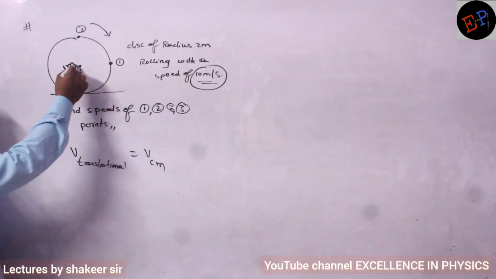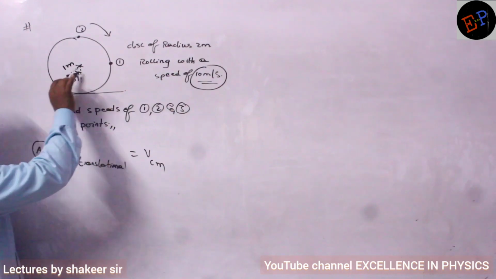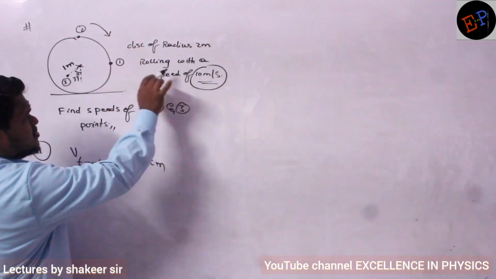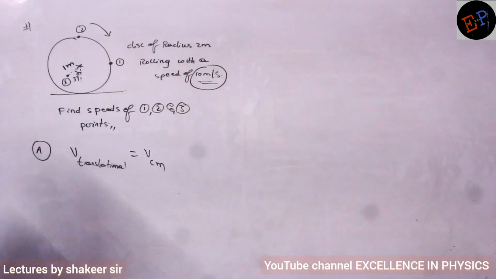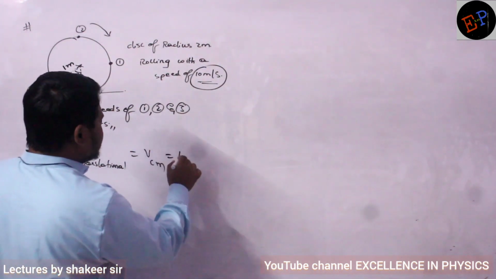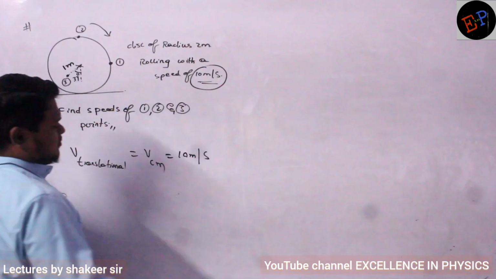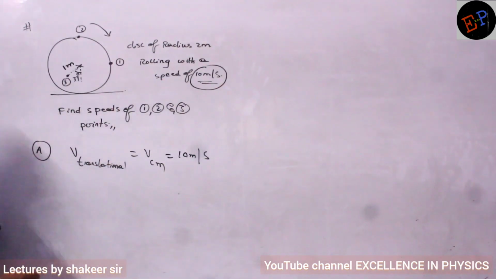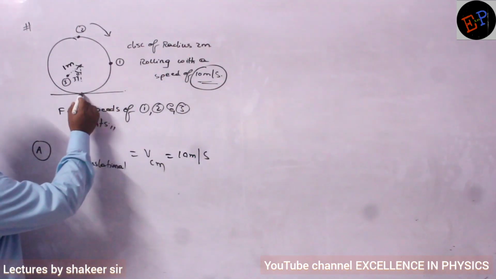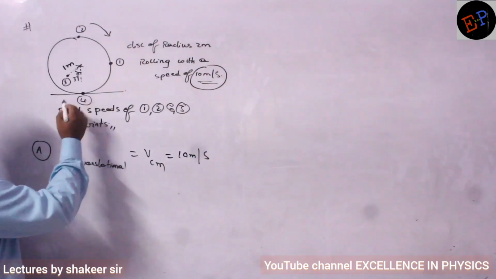The disc's center of mass will be here, no? So the center of mass is traveling with a speed of 10. It means the disc is also traveling with a speed of 10. Are you able to understand? And it is given as 10 meters per second.